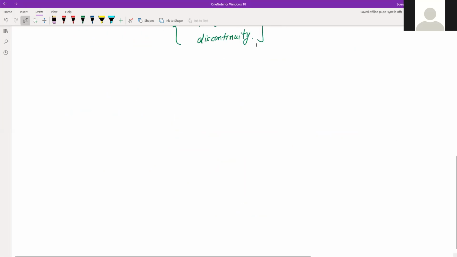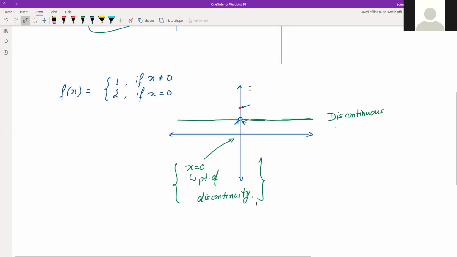Now moving on, we are not going to draw this graph for every function whenever a question is asked. One, it is time consuming. Two, it is not always feasible or easy to draw the graph for every function.